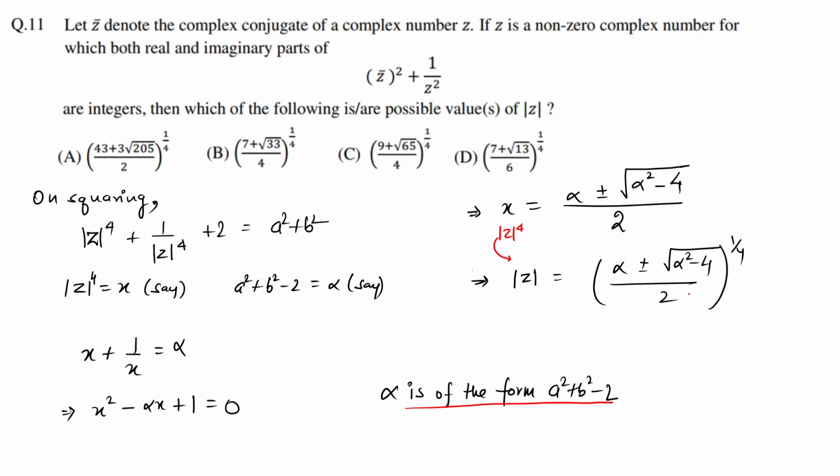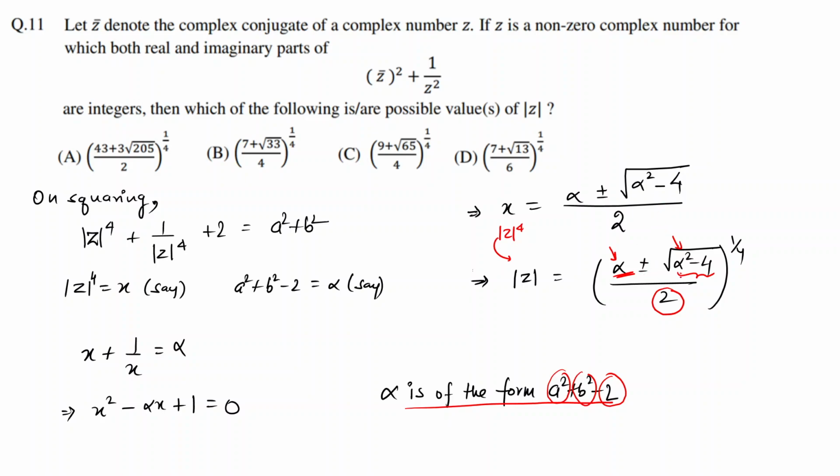And then you see what is going to happen here is that you have a 2 in the denominator and power 1 by 4, and above these are all integers, right? Because alpha is of the form a square plus b square minus 2. If a and b are integers, then a square plus b square minus 2 will also be an integer. And alpha squared minus 4 will also be an integer.